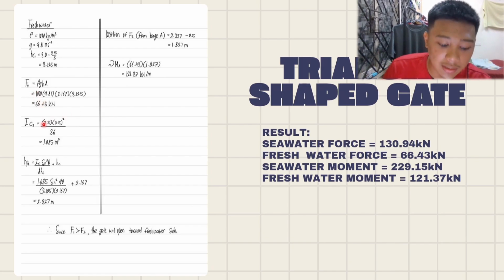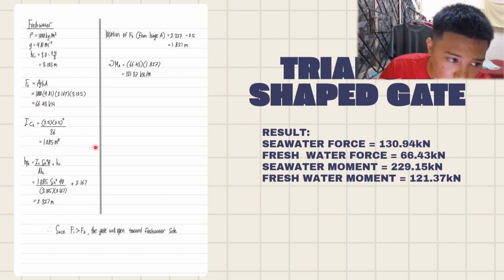So next is the second moment of area. We just use the same formula and plug in all the values. So we got 1.085 meter to the power 4 for IC.